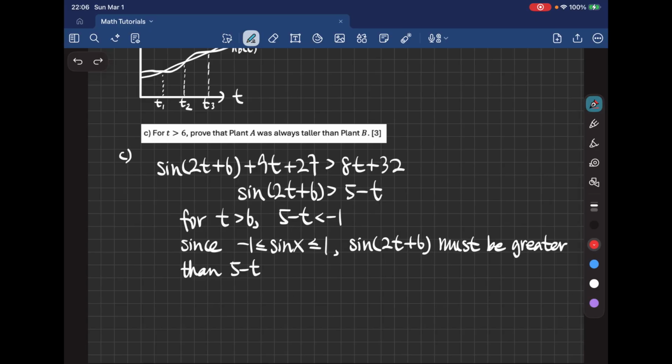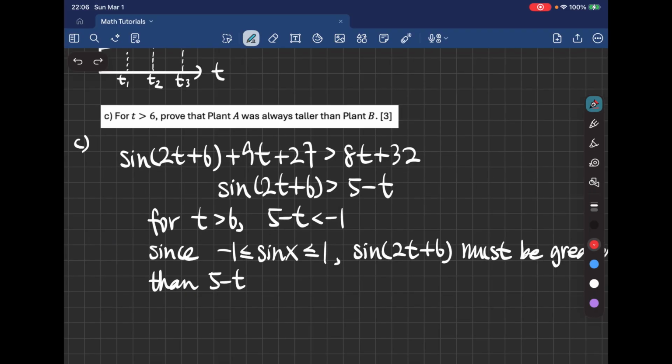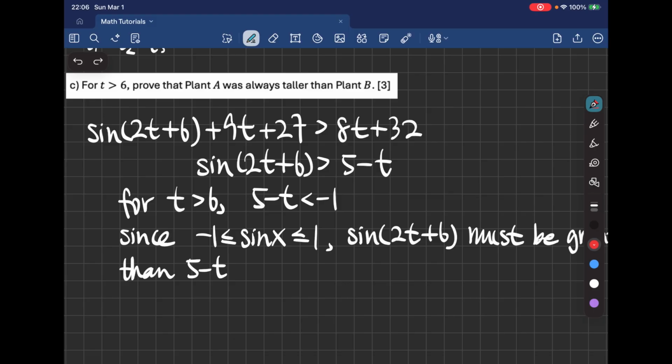So for t greater than 6, we want to prove that plant A is always taller than plant B. We need to write an inequality, so the function for A is greater than that for B, and we can combine like terms and move these things to the right side. Notice that if t is greater than 6, then 5 minus t must be smaller than -1, right?